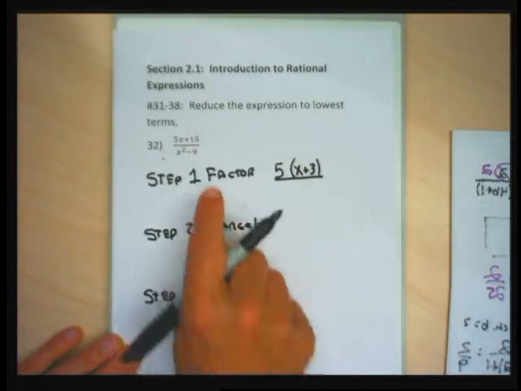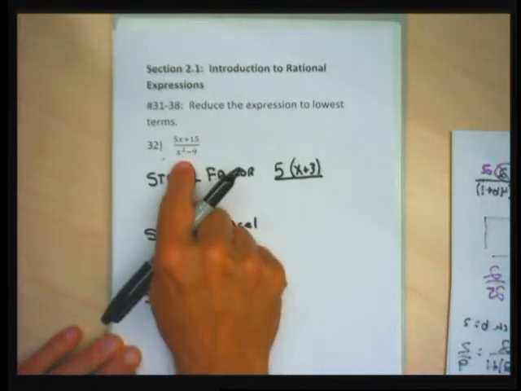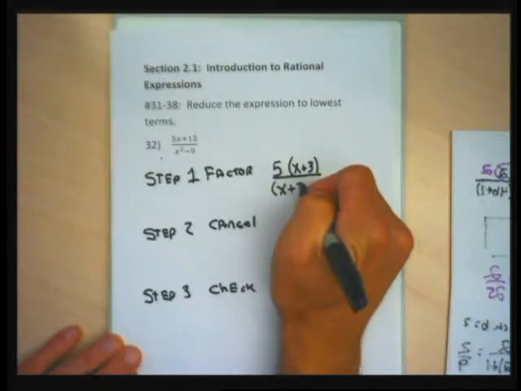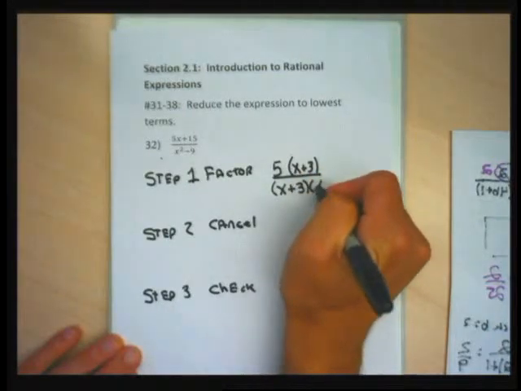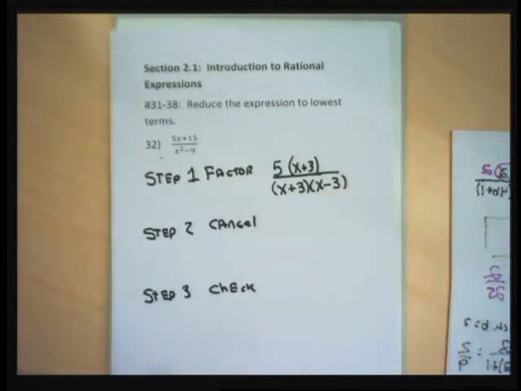This is section 1.1 factoring if you are rusty on your factoring. The denominator is a difference of squares. You get 2 identical parentheses, one with a plus sign, one with a minus sign, and you take the square root of the number. So x squared minus 9, that's in section 1.4 if you forgot how to factor that, factors into x plus 3 times x minus 3.